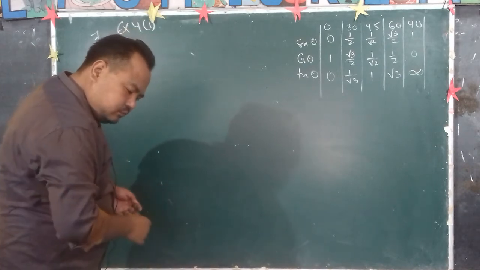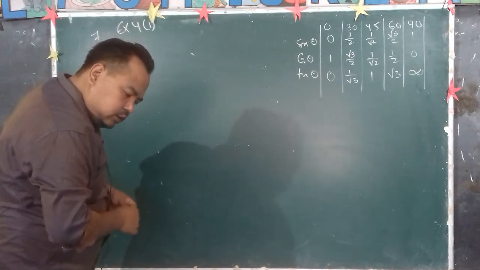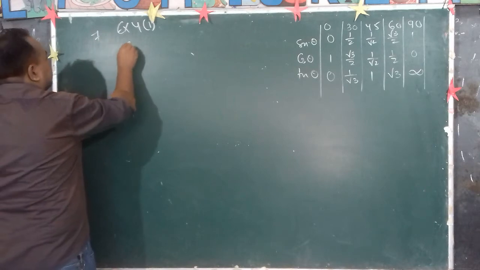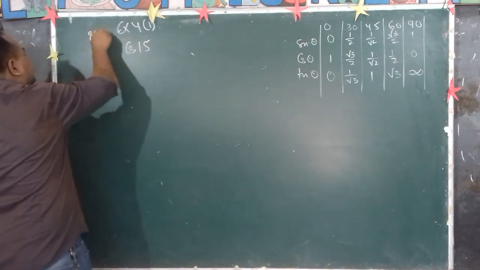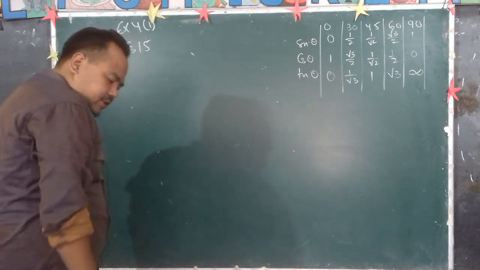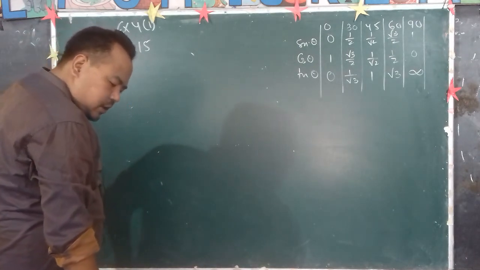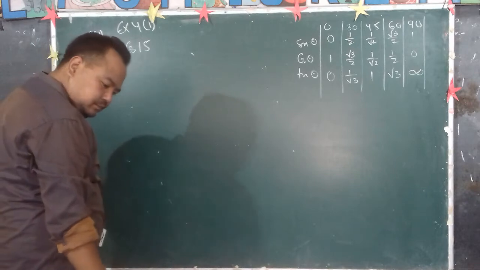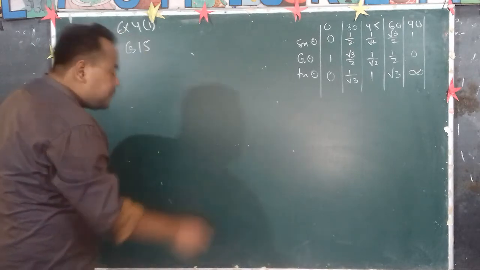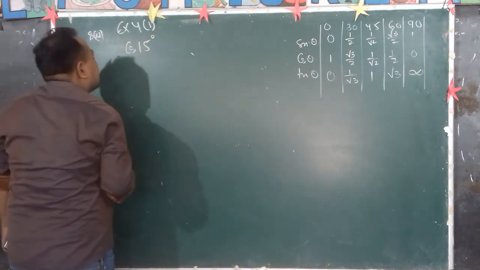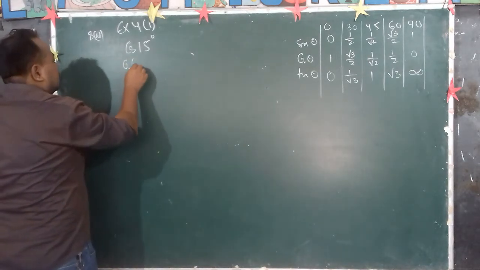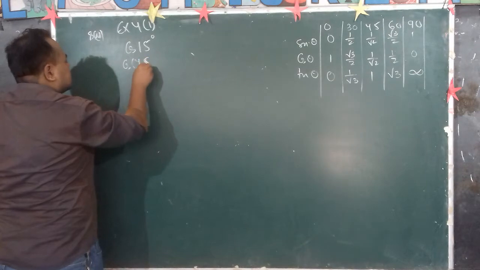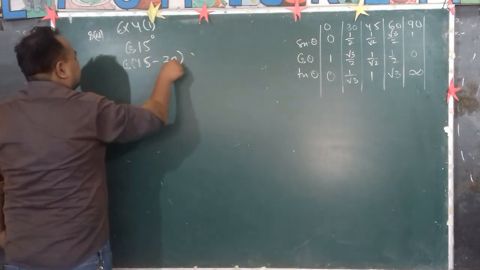Next is cos 15 degrees. This is 8 subdivision 2. Again 15 is not a standard angle, so I can write cos 15 as cos of 45 minus 30.